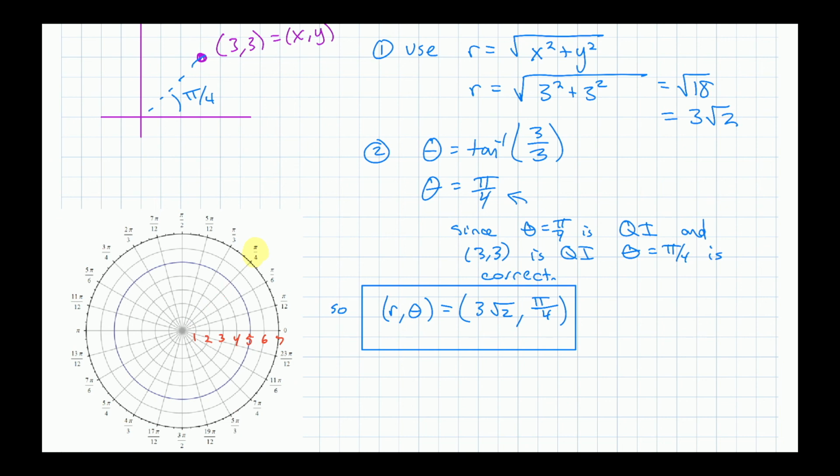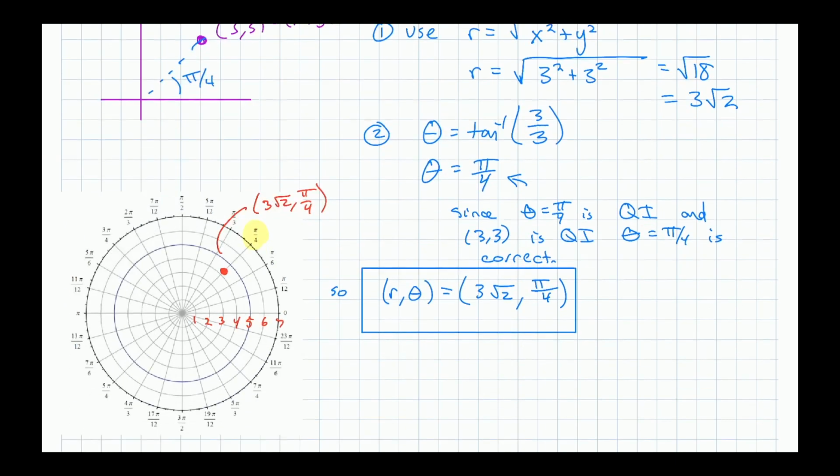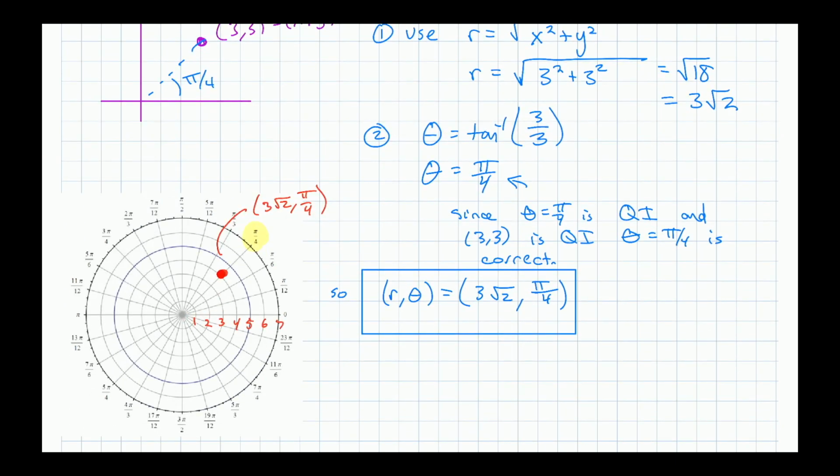That point is about right here, and that makes sense. 3 square root 2, pi over 4 seems to agree with this picture up here, right? 3 comma 3. But that's not how we plotted it, because we plotted it down there in polar. Okay, so that was easy enough.